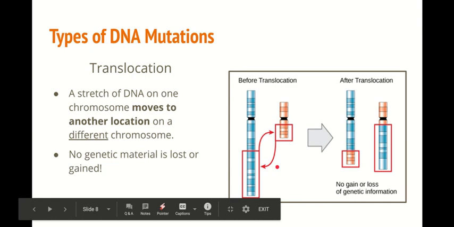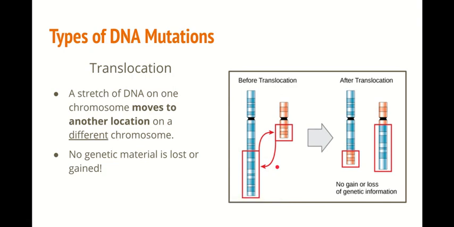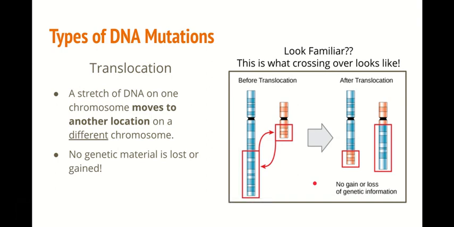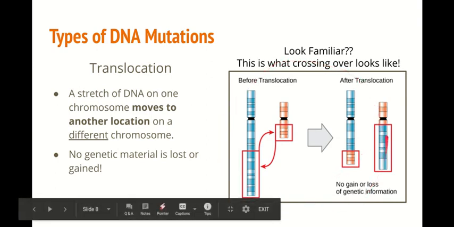And we've heard about this before, right? We've talked about this earlier. This should look pretty familiar to you guys. Remember, during meiosis, we talked about ways to increase genetic diversity? This is exactly what we were talking about when we talked about crossing over. We were talking about the translocation of a chunk of a chromosome to another chromosome. Now, these chromosomes right here are not the same size, right?